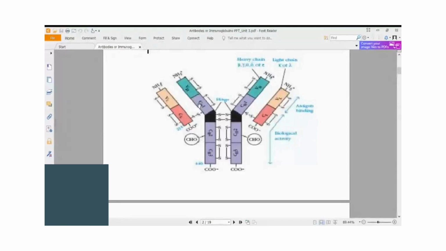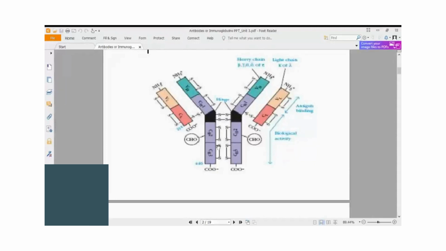They will have only the FAB because they have been cleaved here with papain or pepsin digestion. Such monoclonal antibodies are called antibody fragments, fragmented antibodies. They won't have the FC region.